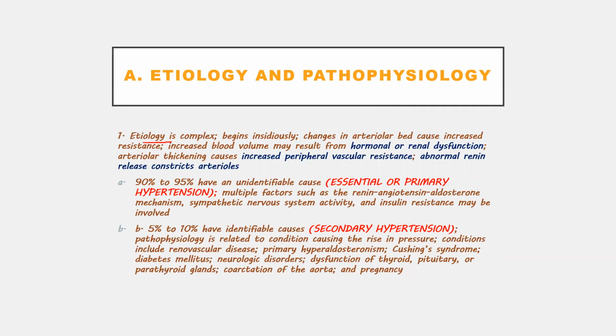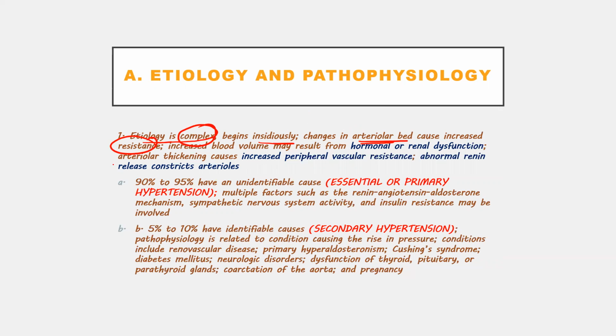Etiology of hypertension is very complex. It begins insidiously. Changes in arterial bed cause increased resistance. So the main change is in the arterial bed, where there is increased resistance.